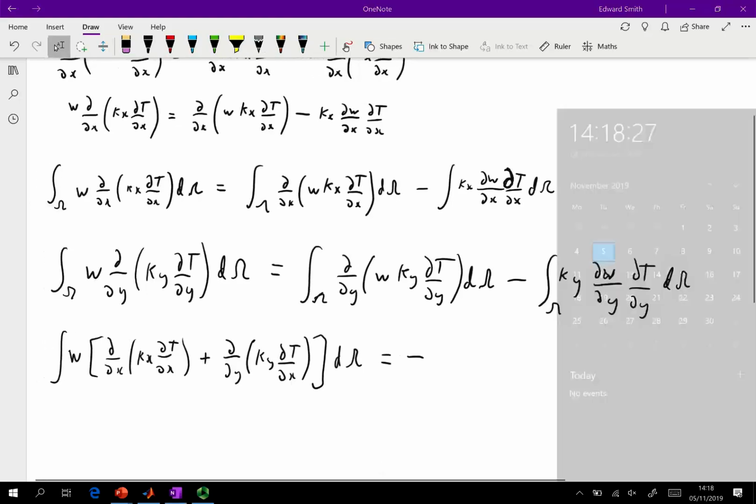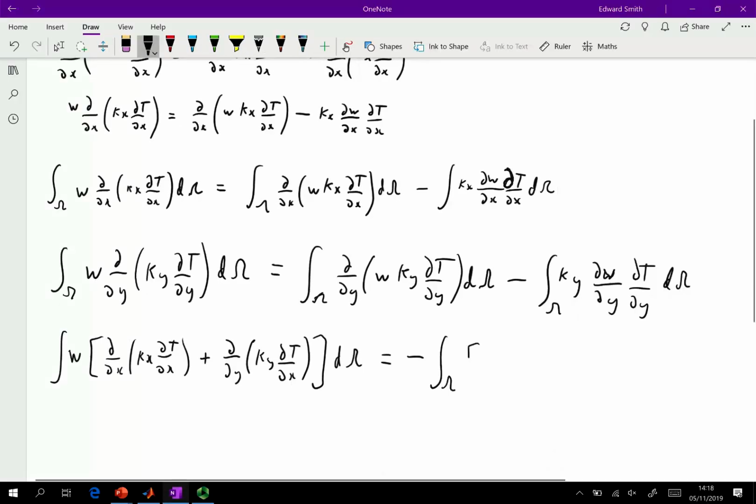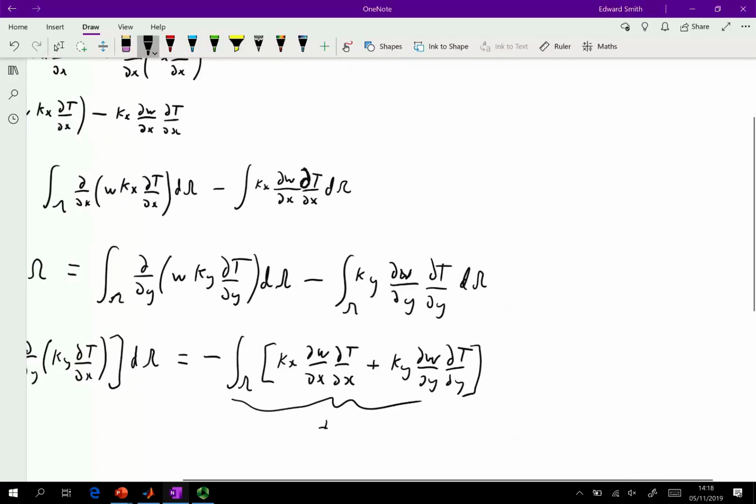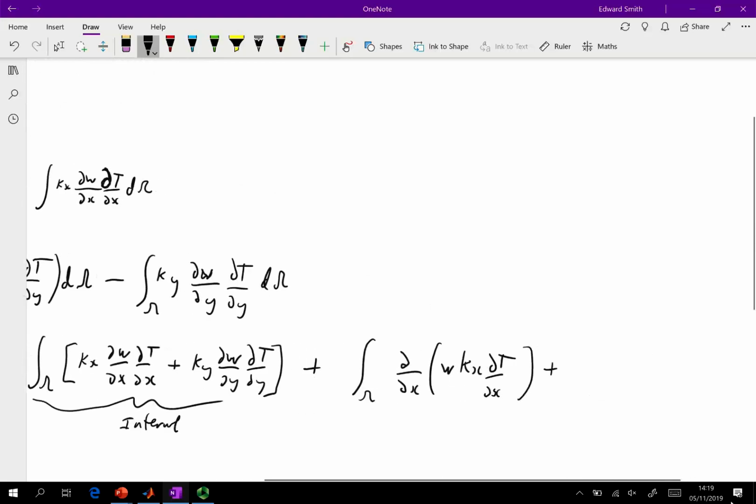We have the internal term, which is exactly the same form we've seen several times before, kx d omega dx dT/dx plus ky d omega dy dT/dy, and this is what we call the internal term, plus this term, which is d by dx of omega kx dT/dx plus d by dy of omega ky dT/dy.